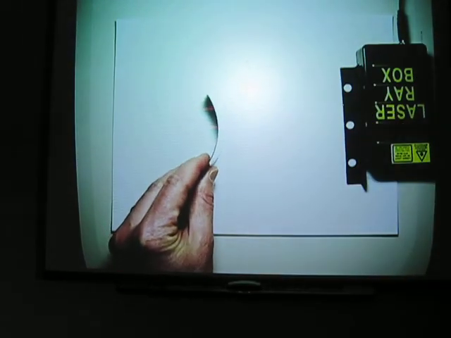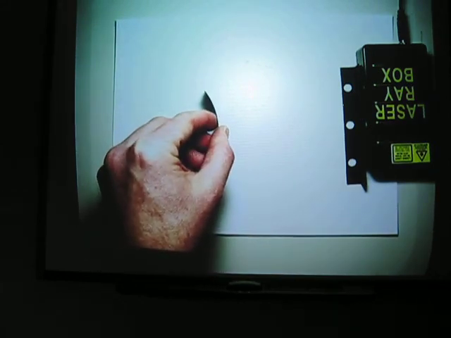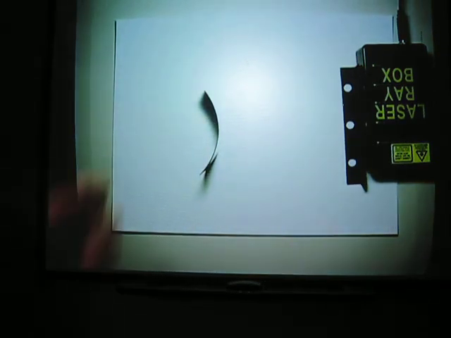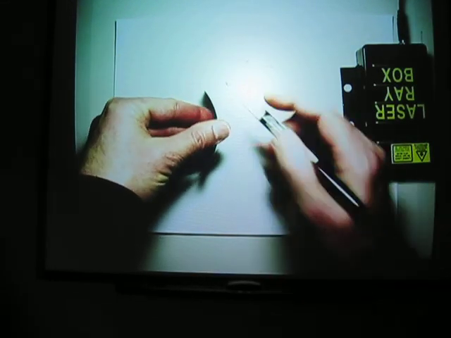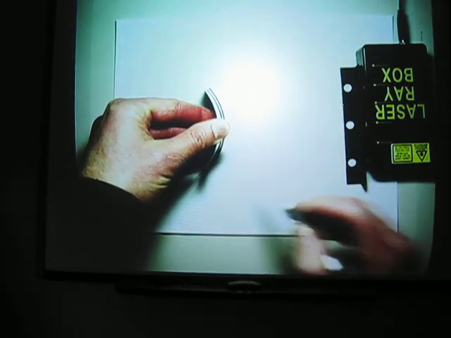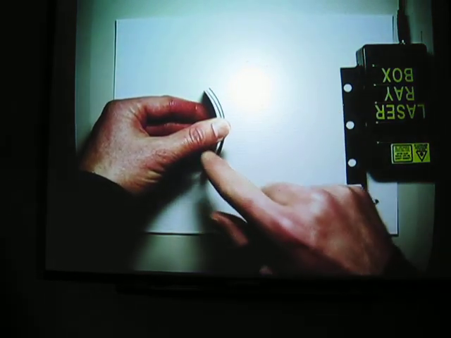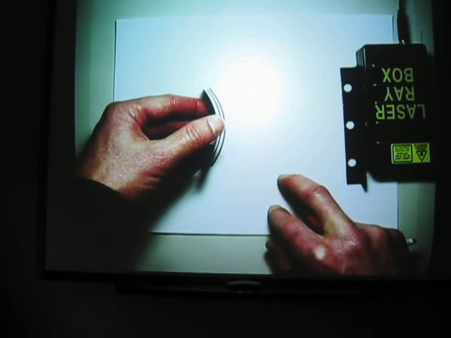So I want this side. Again, this is hard to see. I'll show you with the lights off in a second. Let me trace the mirror first. So I'm going to trace the convex side. And then I'll turn off the light so we can actually trace the incoming and reflected rays.